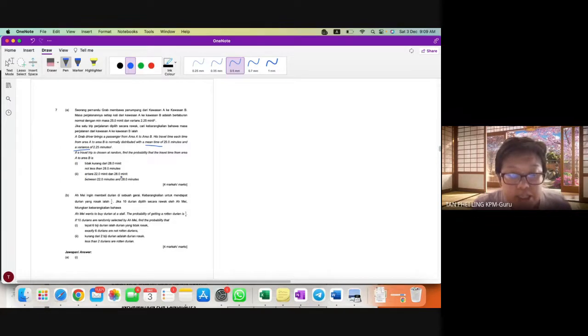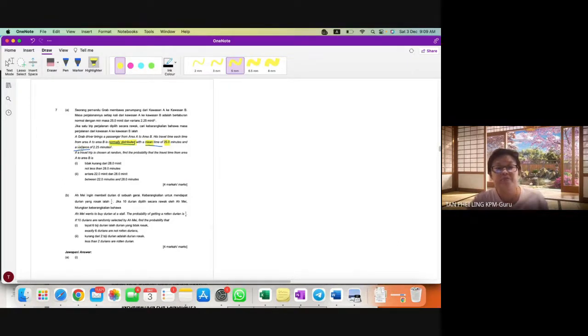This one doesn't say that it is normal, so we cannot use normal. Wait, let me see first. A Grab brings its travel time, normally distributed. See? Then only we can use the normal distribution. So go and try, because they give you the mean and the variance.